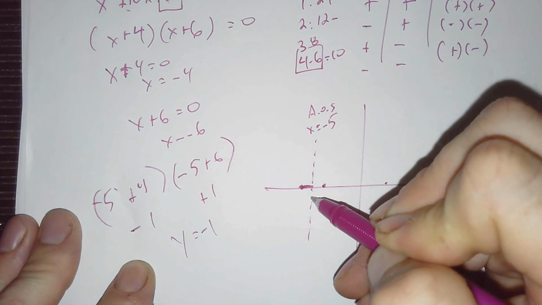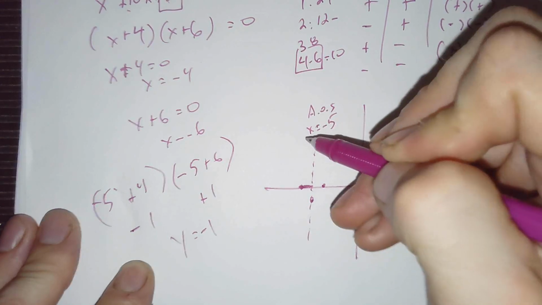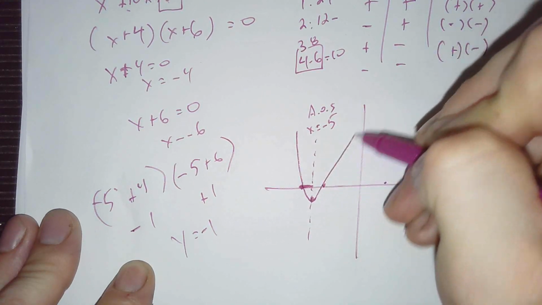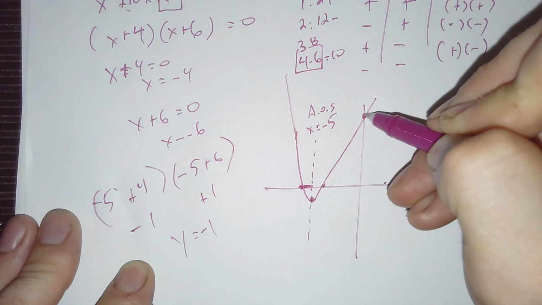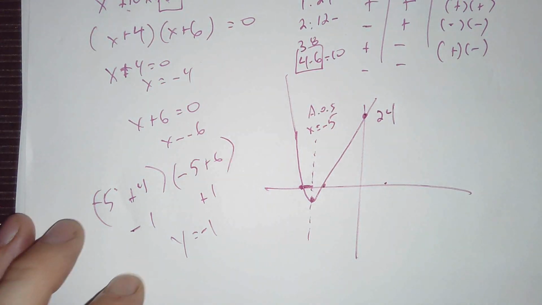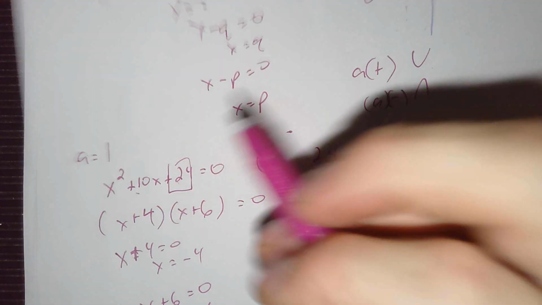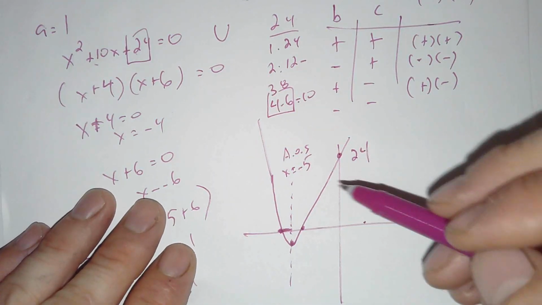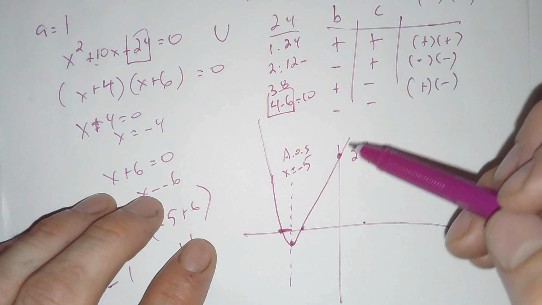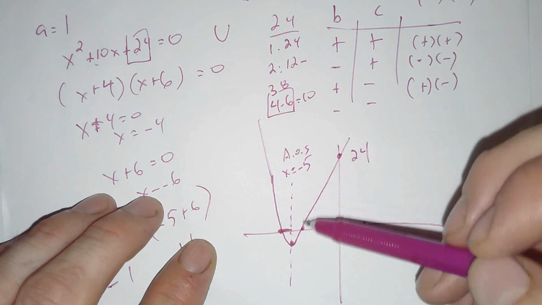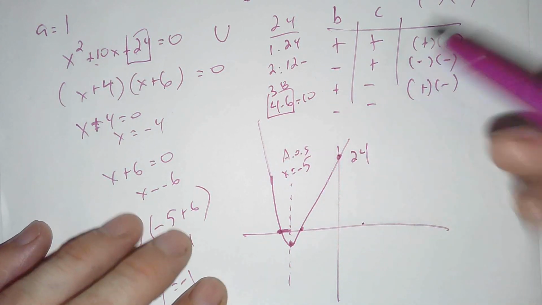So right here, and that makes sense because this is supposed to be concave up with a y-intercept of 24, right? So that's where this came from at the very beginning, y-intercept of 24. And that would only work if this was concave up. Okay, that's not the best parabola. It's not very symmetrical, but you get the idea.